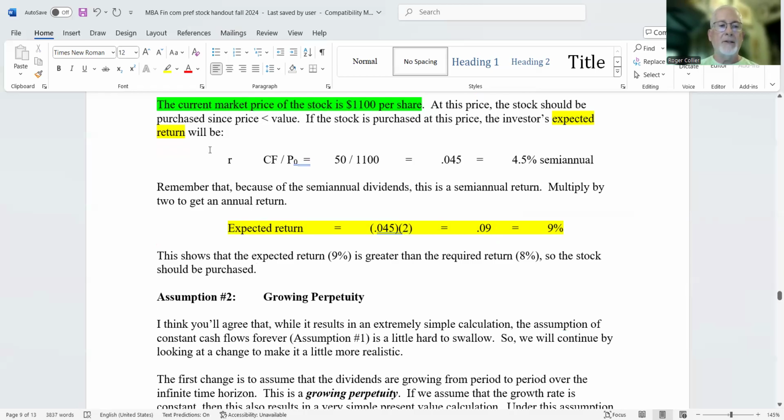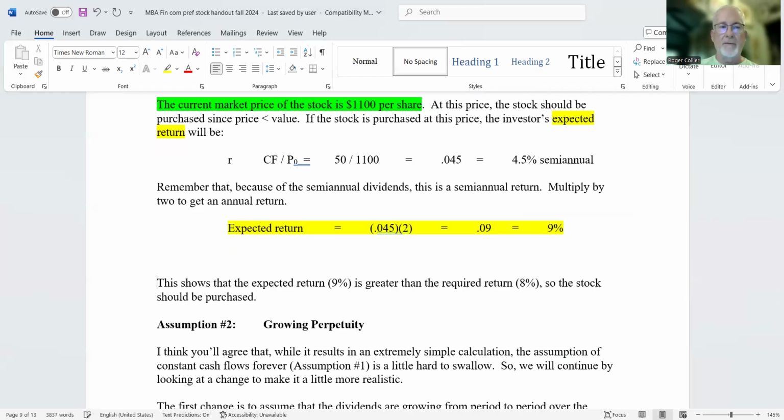All right, based on that, should we invest? Well, in this case, the expected return is greater than the required return. We know the expected return is 9%, and that's greater than our 8% required return.